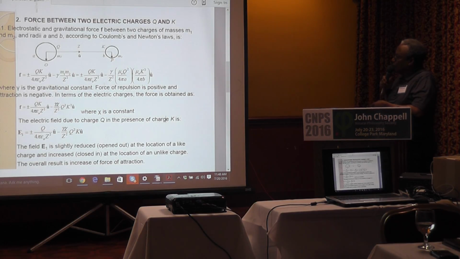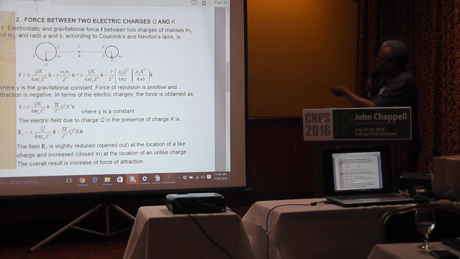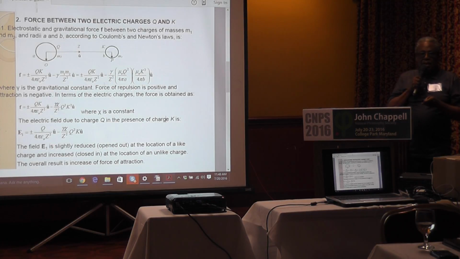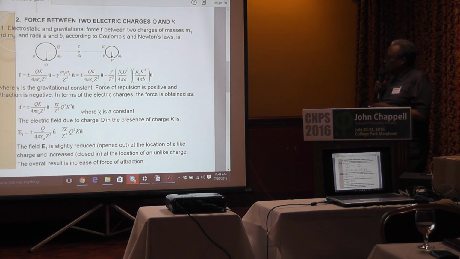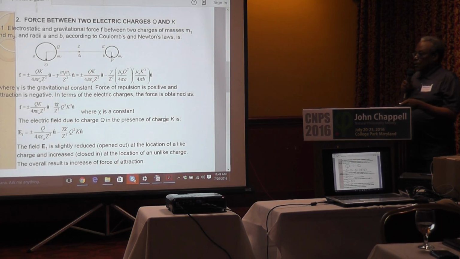If we have two electric charges, there should be an electrostatic force of attraction or repulsion between the two charges, as well as gravitational force of attraction. We can combine the two to give the electrostatic force and the gravitational force, proportional to the product of the masses.